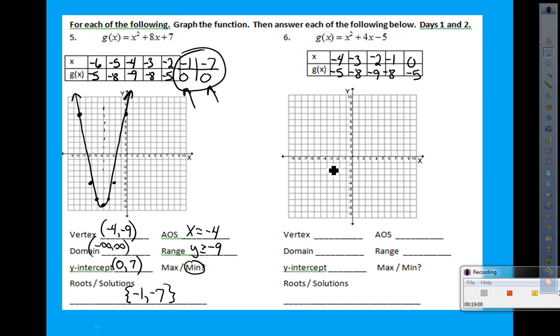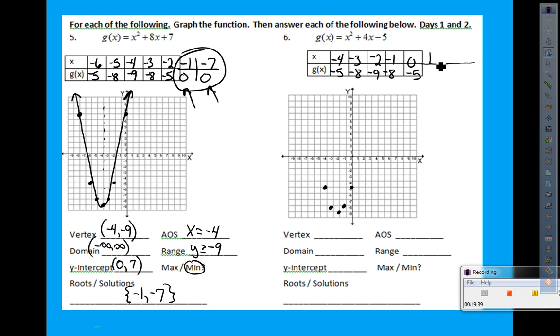When I graph it, -4, -5, 1, 2, 3, 4, 5, 3, -8, -2, -9, -1, -8, and 0, -5. I'm going to let you pick this one. If you think you can draw a real good graph at this point, go right ahead. If you don't, I'm going to come in and pick the next number.